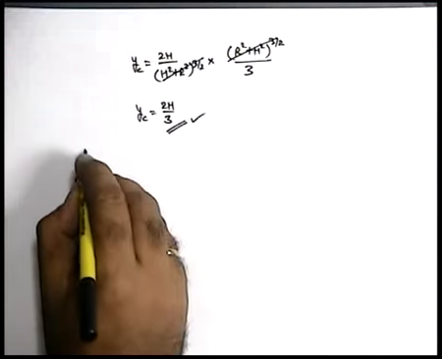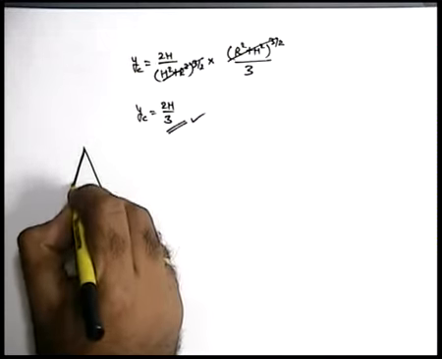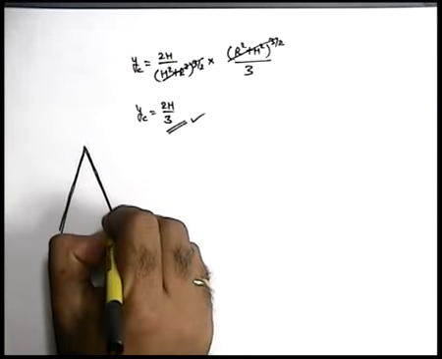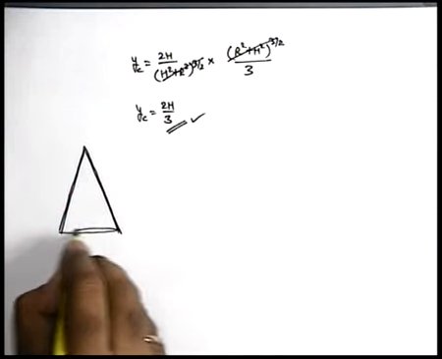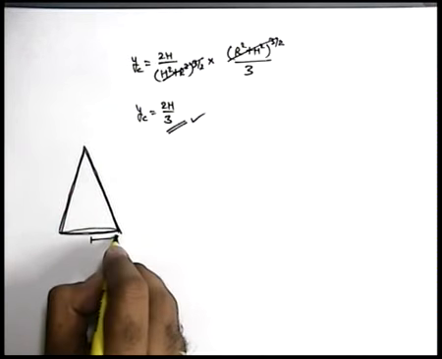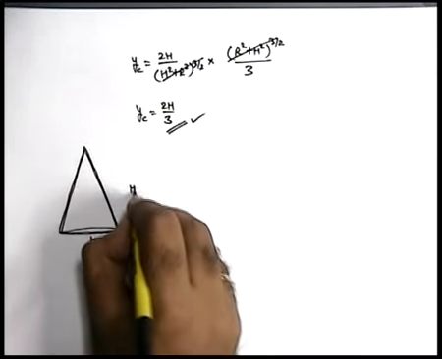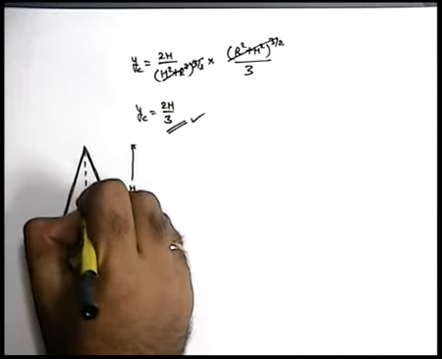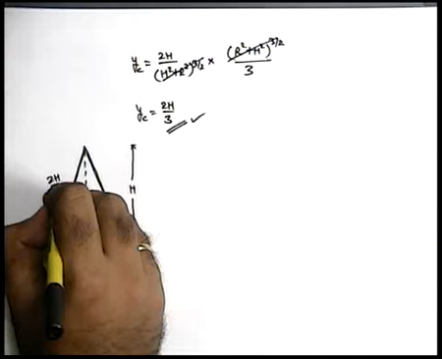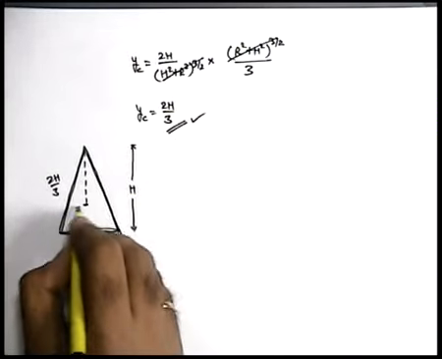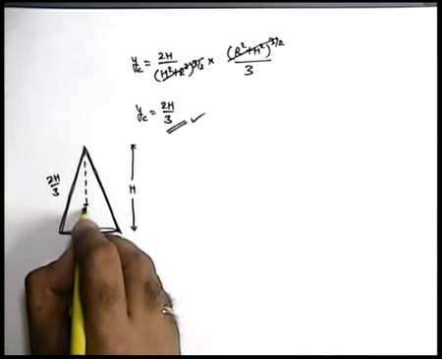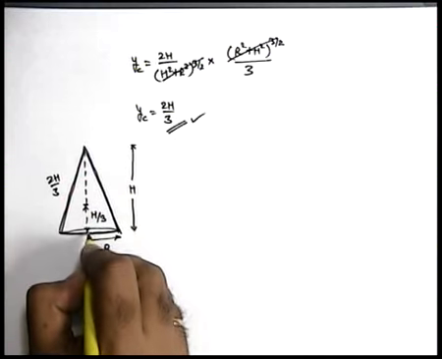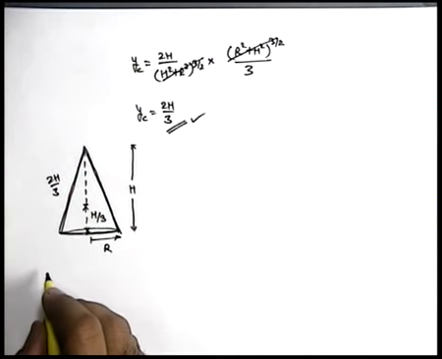If we are having a hollow cone of altitude h and base radius r, you can see that its center of mass is located at a depth 2h by 3 from the vertex along the altitude, or you can also write it at a height h by 3 above the center of its base.